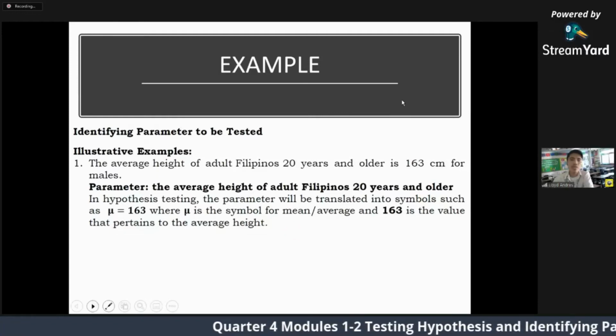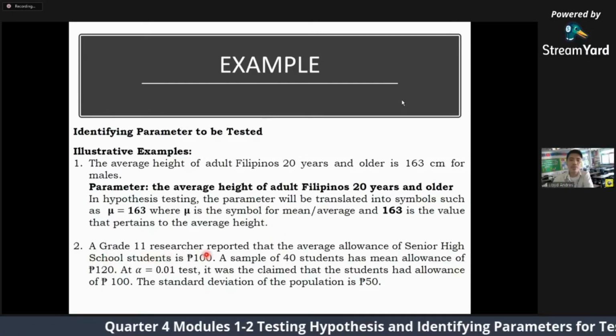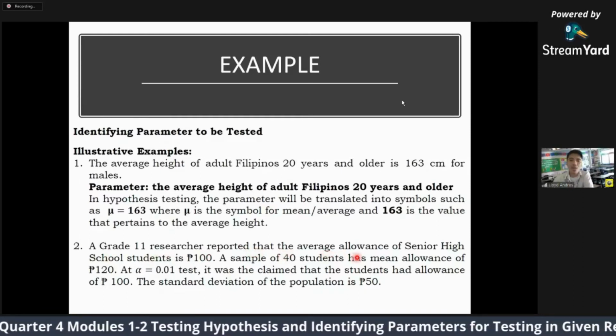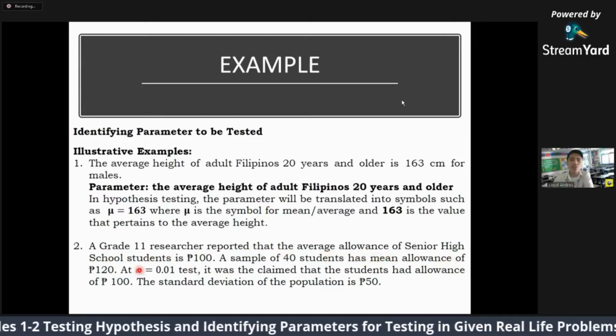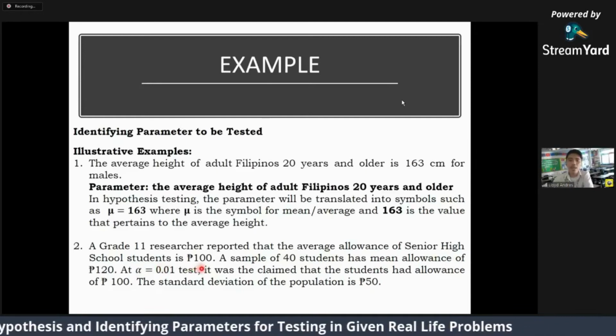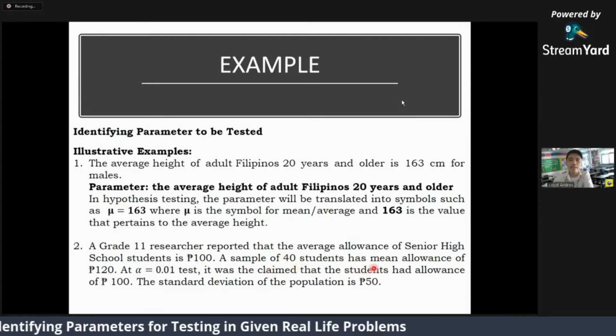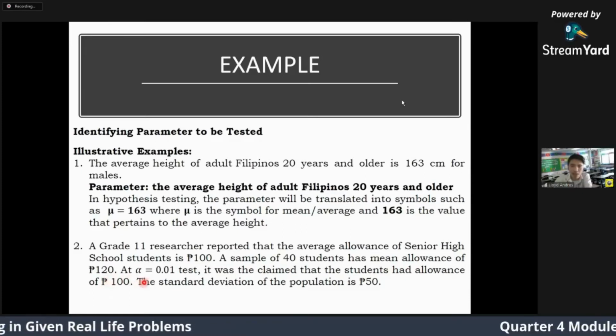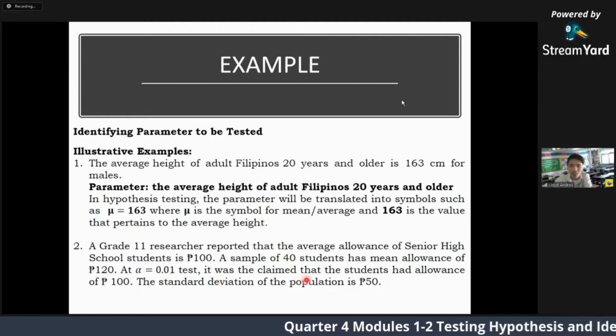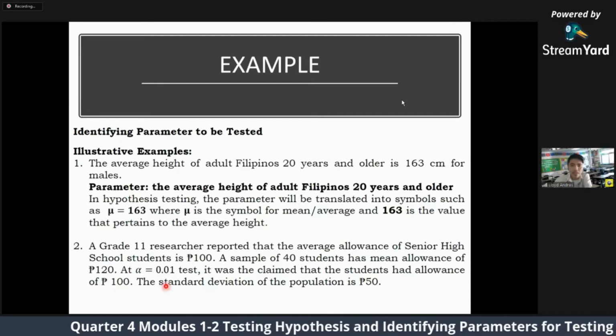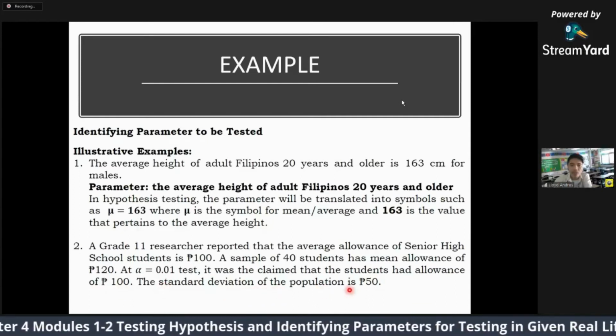What about this one? A grade 11 researcher reported that the average allowance of senior high school students is 100 pesos. A sample of 40 students has a mean allowance of 120 pesos. At alpha equals 0.01, it was claimed that the students had an allowance of 100. The standard deviation of the population is 50 pesos.